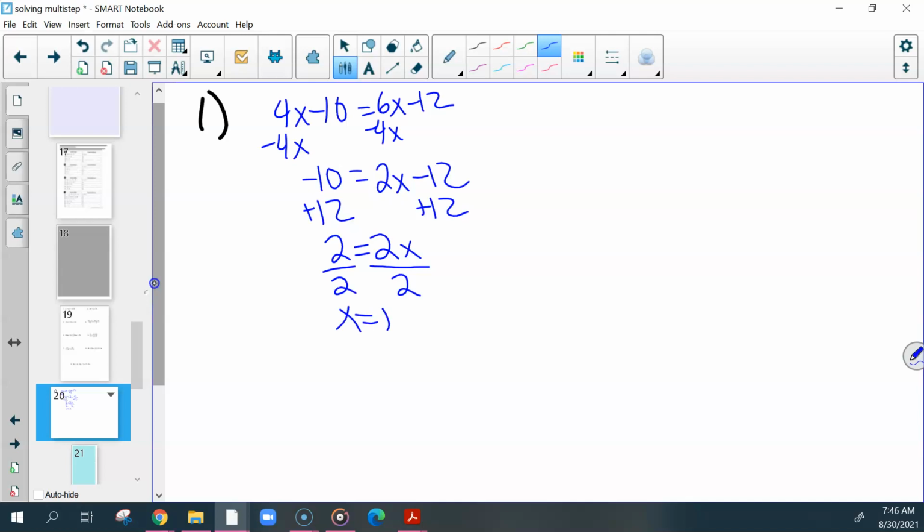So I believe if you started with 6x or 4, it doesn't matter, and you didn't subtract, maybe you added, or when you added or subtracted one of the constants somewhere in there, you got 11. So just double check that math. 1 is the answer you should have gotten for that one. Anyone need me to check theirs to see where they're wrong?